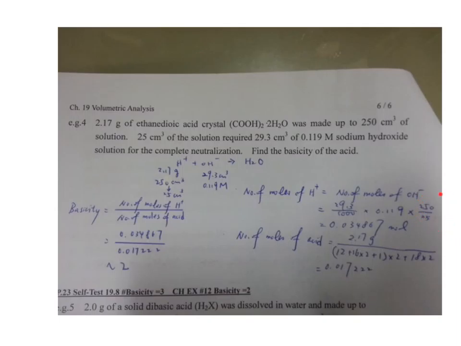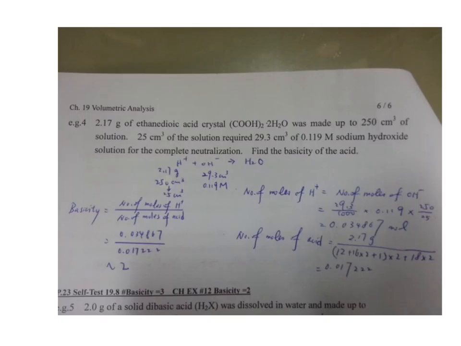Okay, so where does this term come from? You know that the acid is prepared in 250 cm cube. Then only 25 cm cube, that means 1/10 of the solution, is reacted with the sodium hydroxide solution.